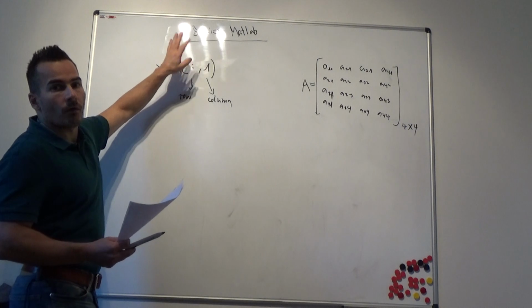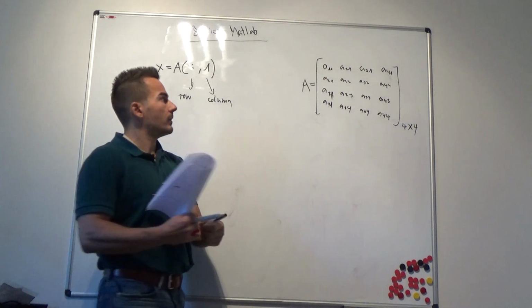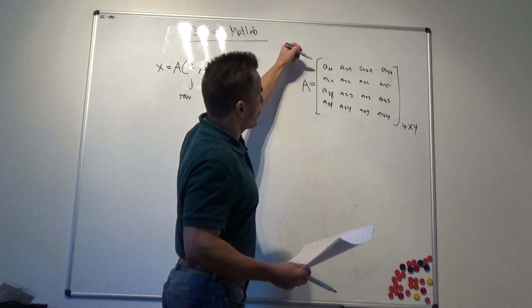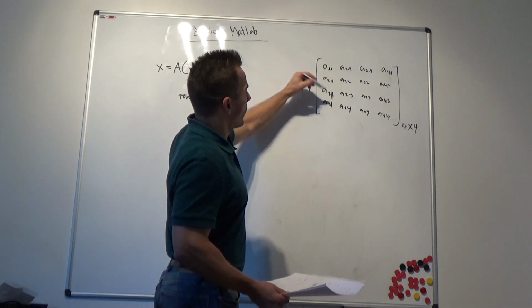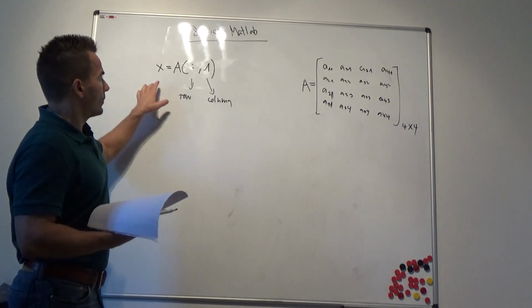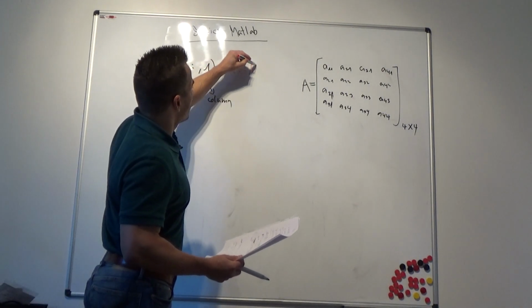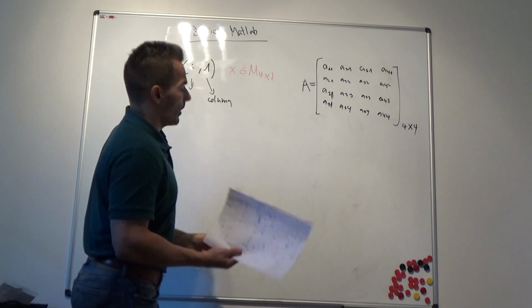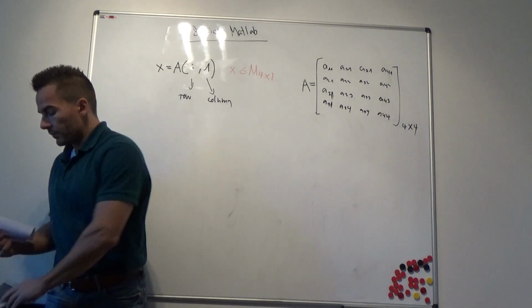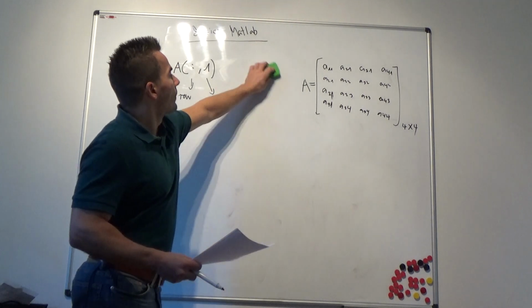The colon means give me all entries. So it gives me a column vector that consists of the elements A11, A21, A31, A41. So x is a 4 by 1 vector, an element of R^(4 by 1). That's very important to know, because you should not confuse the column and the row index.